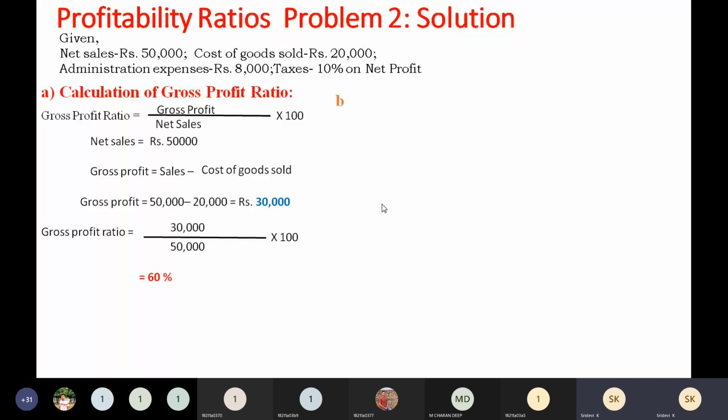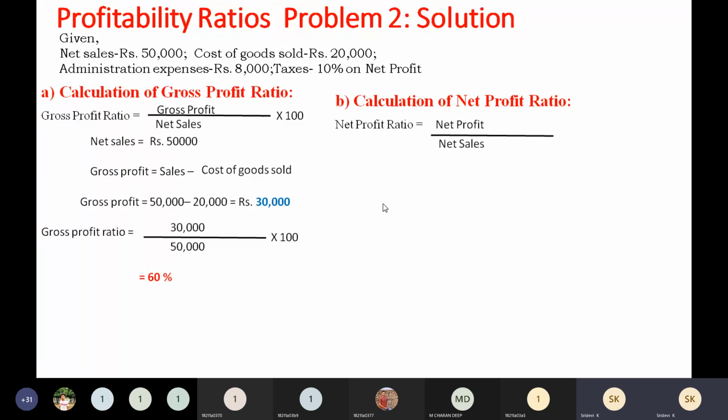So how is the net profit ratio calculated here? What is the formula? Net profit ratio is equal to net profit divided by net sales into 100. Did you identify the gross profit ratio formula and the net profit ratio formula? Only the numerator is changing; the denominator is the same.